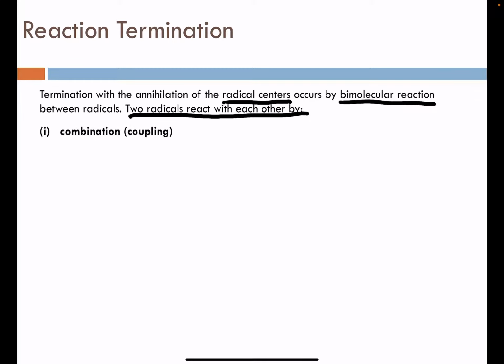So the main idea here is that in coupling, we're going to see R dot react with R dot, and these could be different length polymers. We're going to form an R covalent R type molecule. So if these were different, I'll just put a prime there to distinguish the first from the second. Coupling. Two radicals come together, eliminate both radicals, and we're going to see a covalent bond in the middle.